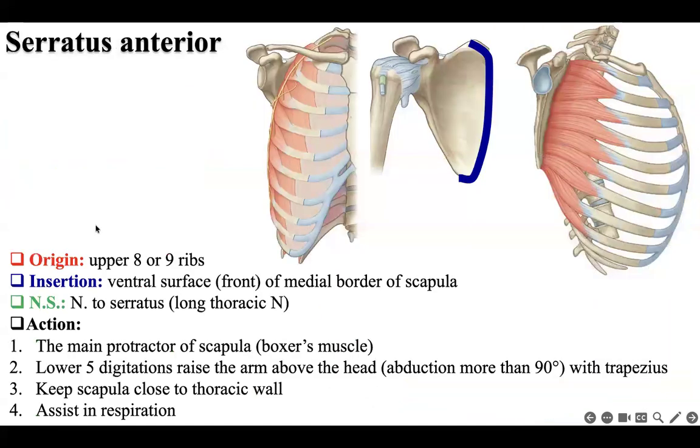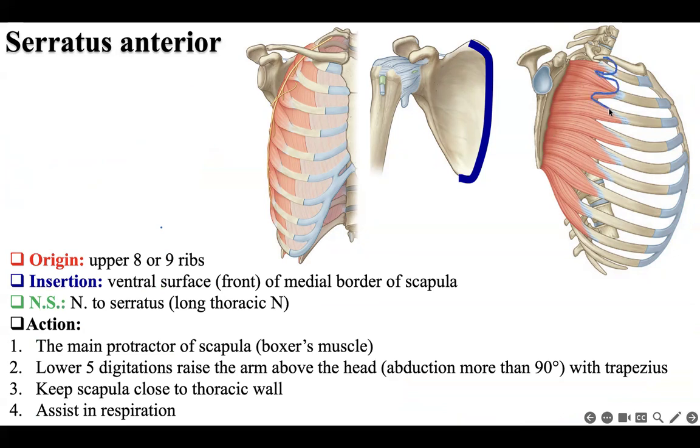The last important muscles under the breast: we have two muscles under the breast, pectoralis major and serratus anterior. Serratus means irregular edge, like teeth or fingers in shape, having many fingers like that.